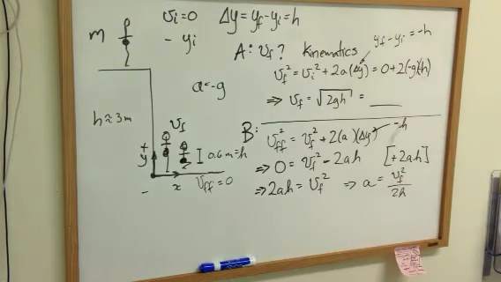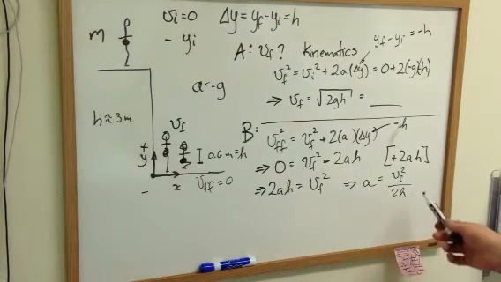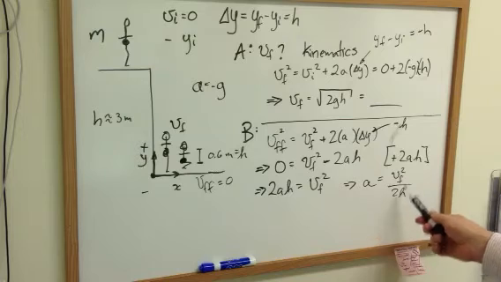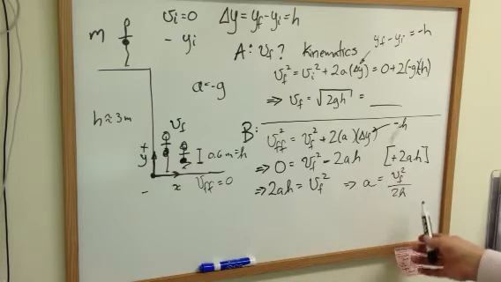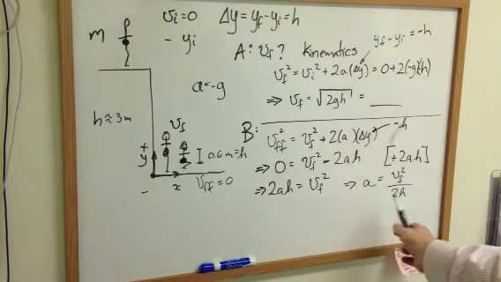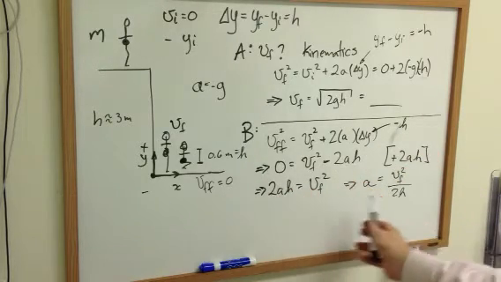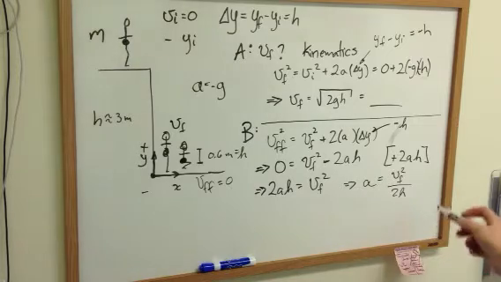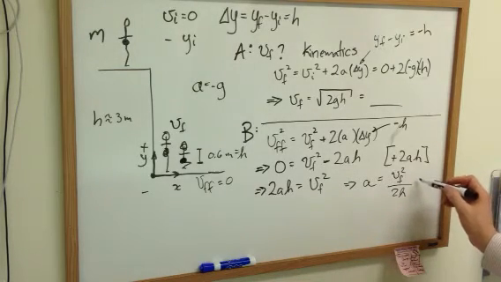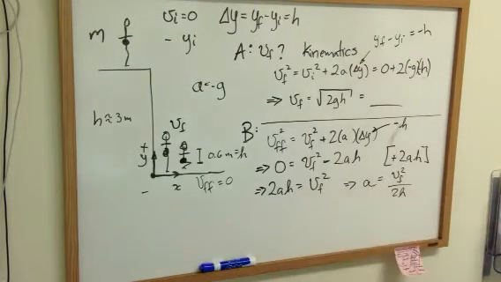All right, now I can find the acceleration. Notice this h is a positive value. I had a negative h here, but it went over to the other side. And so this is going to be a magnitude, but we've been keeping track of our signs.